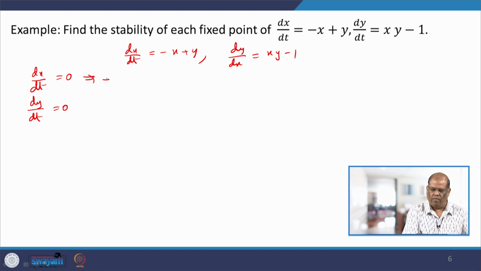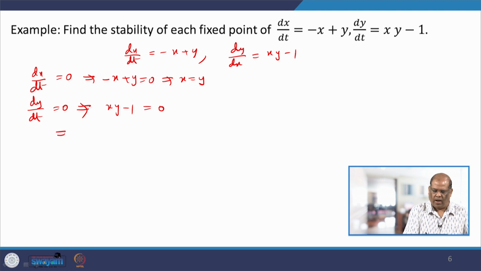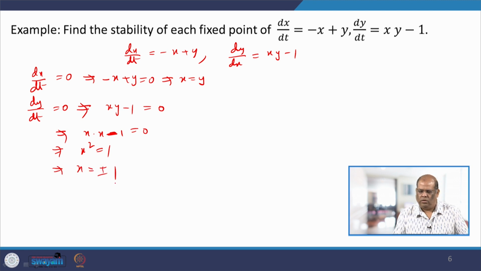This gives you minus x plus y equal to 0, which implies x equal to y, and this gives you x y minus 1 equal to 0, which implies, since x equal to y, x square minus 1 equal to 0, or x square equal to 1 and x equal to plus minus 1.